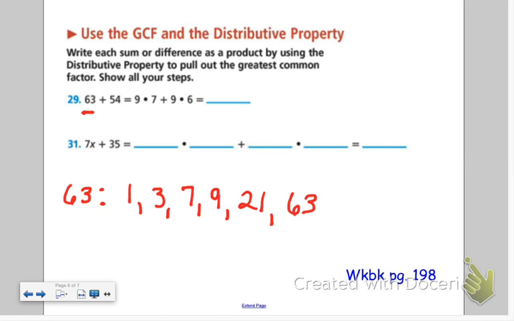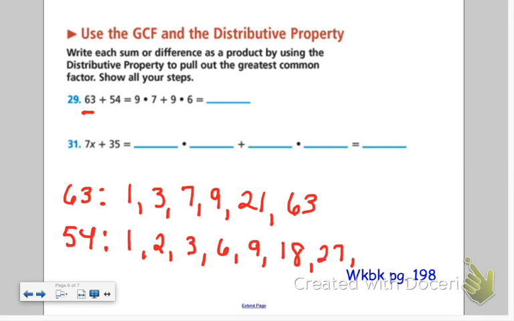So those are my factors of 63, and let's see, factors of 54: 1, 2, 3, 6, 9, we've got 18, because 3 times 18 is 54, and 2 times 27 gives you 54, and of course 1 times 54 gives you 54.